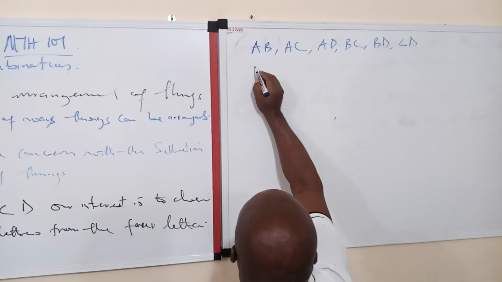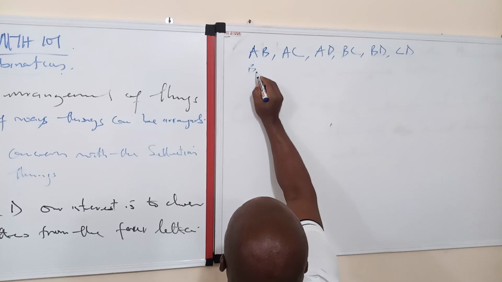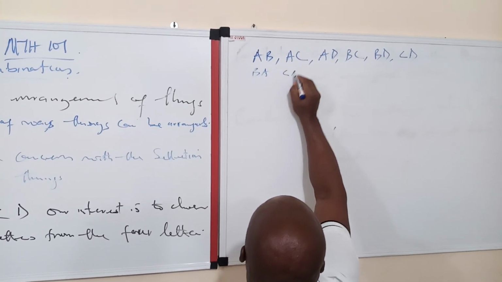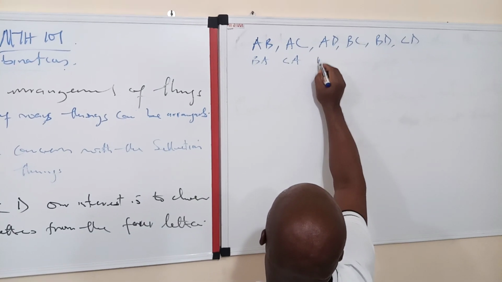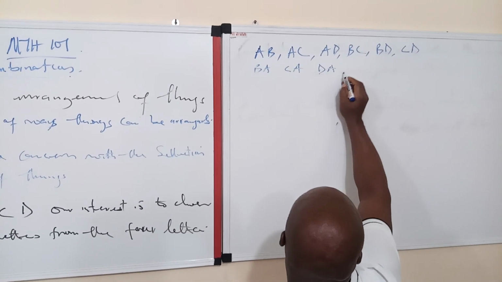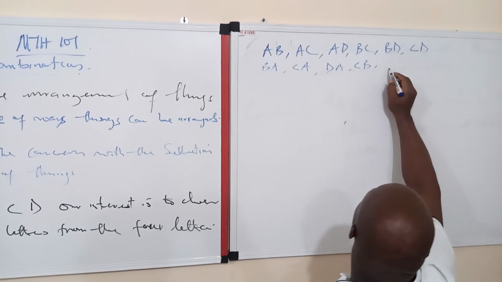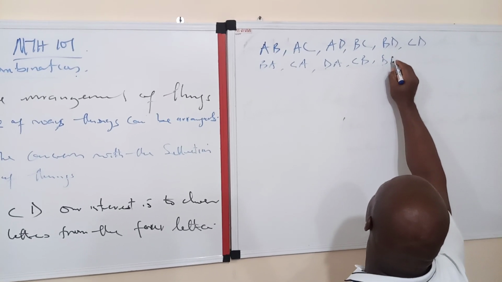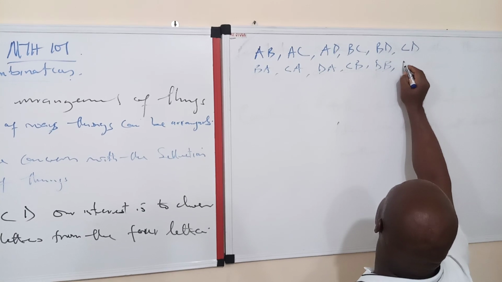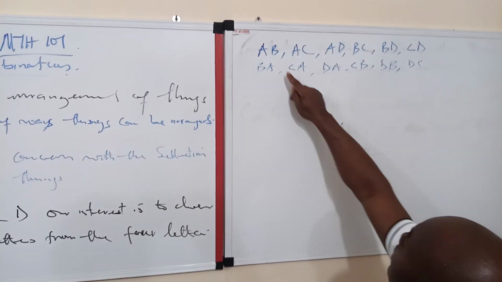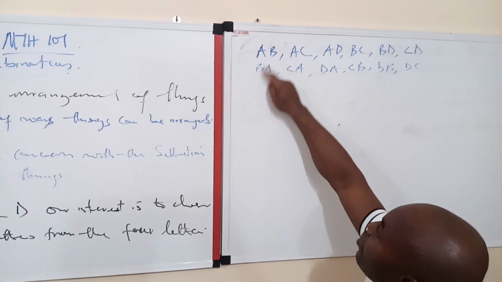Now we can also write them another way by bringing the second letter forward: B, A, C, A, D, A, C, B, D, B, and D, C. In terms of arrangement, you can see that these are two different arrangements.